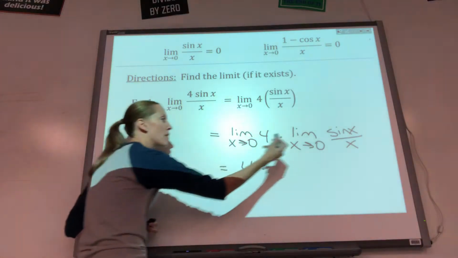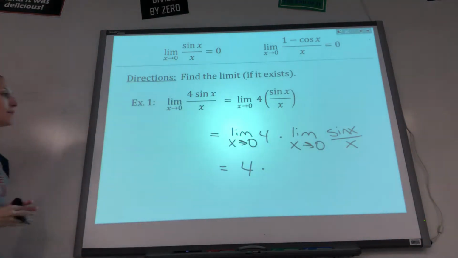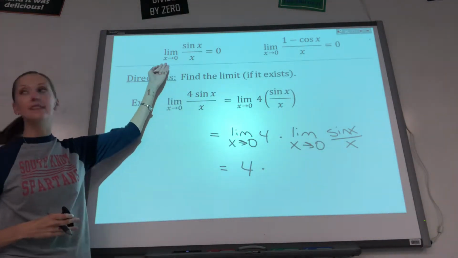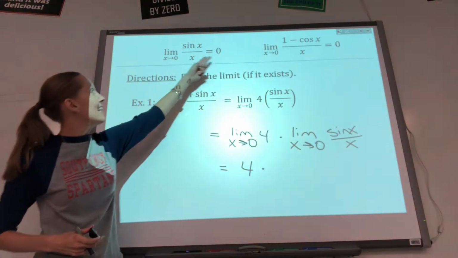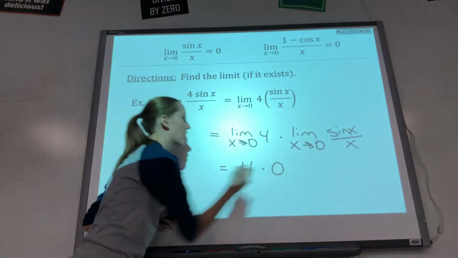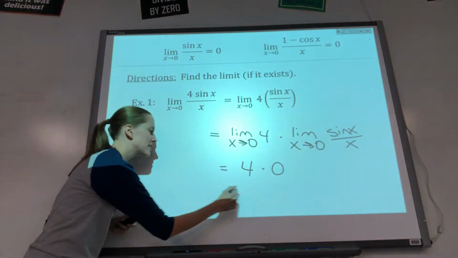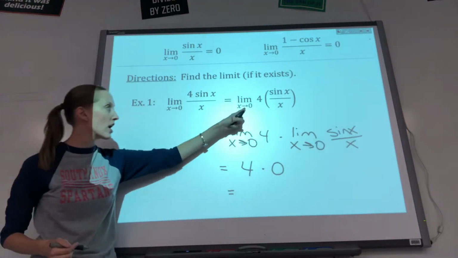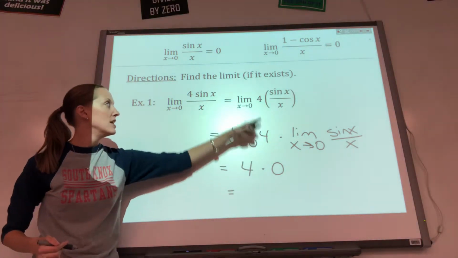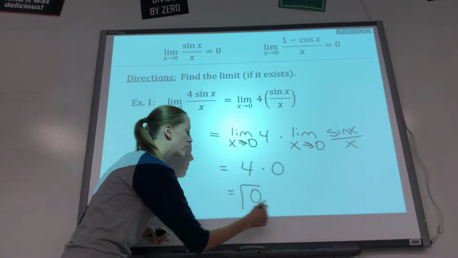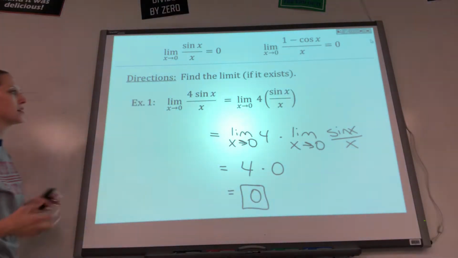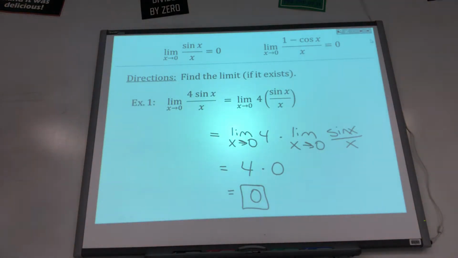Then I come over here, the limit as x approaches 0 of sine of x over x is 0. So to get my answer, I'm just taking 4 times 0, limit of that part times limit of that part. So 4 times 0, that's just going to be 0.